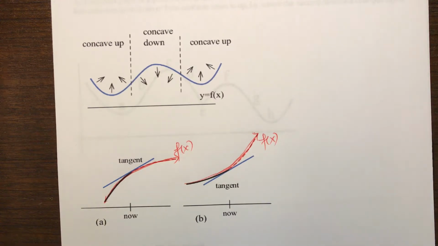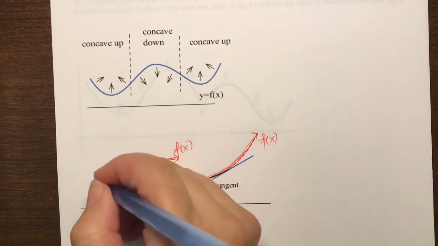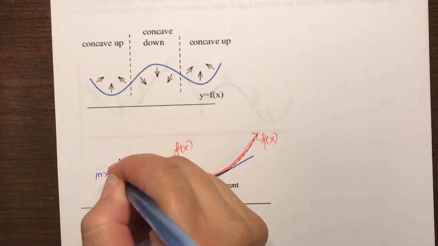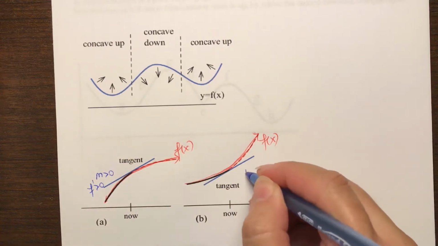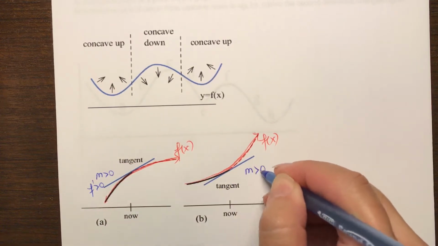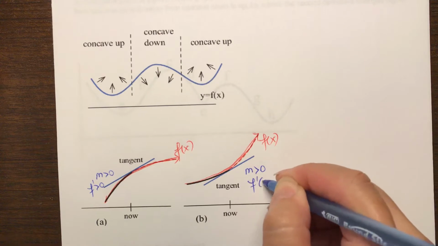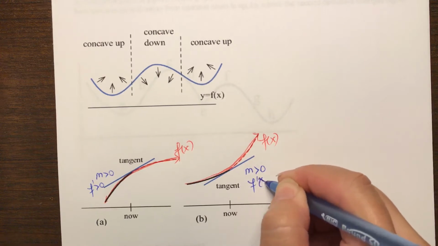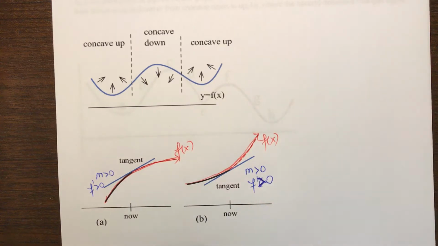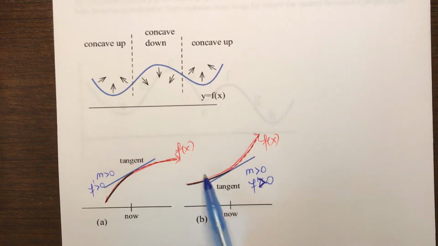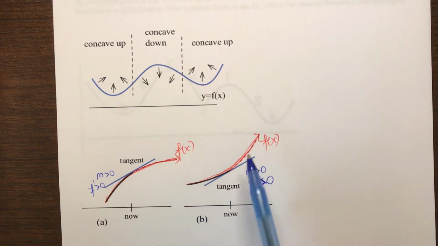The slope of the tangent line here is positive, right? So that simply means the derivative is positive. The same thing here. This tangent line has a positive slope. That means that the first derivative is positive, so greater than 0. However, these two graphs look different from each other or increase differently.